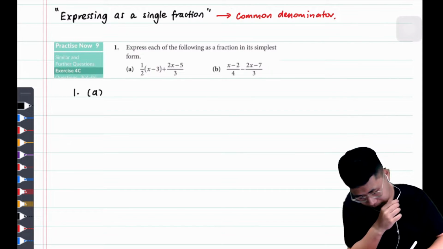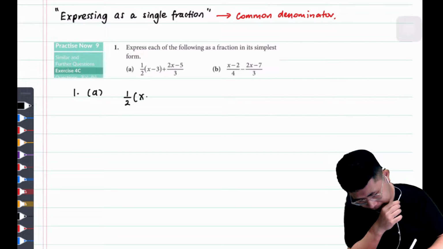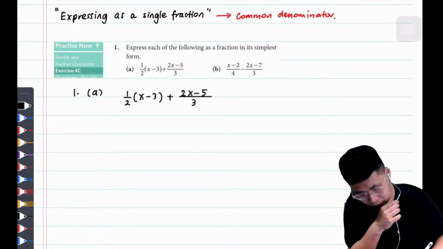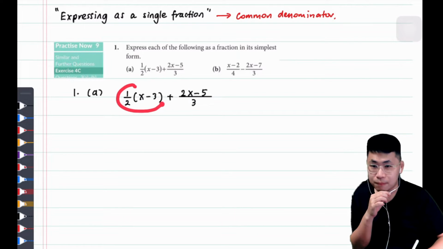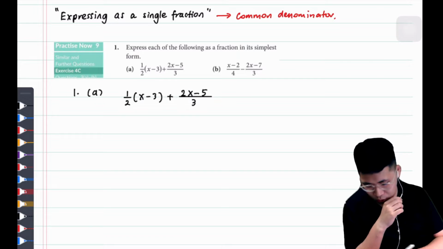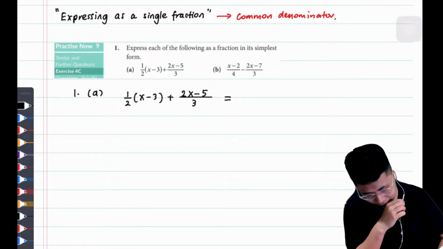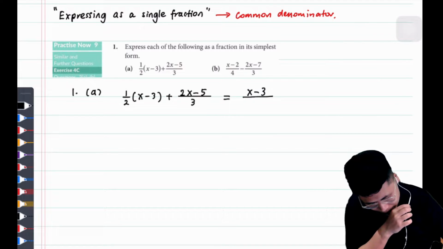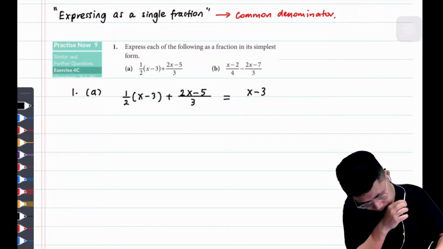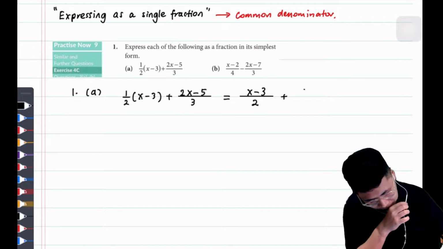Over here, you will see that we have half times x minus 3 plus 2x minus 5 over 3. Now, for the first fraction, we can rewrite this into a simpler form: x minus 3 over 2, plus 2x minus 5 over 3.